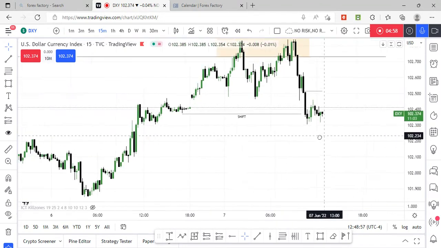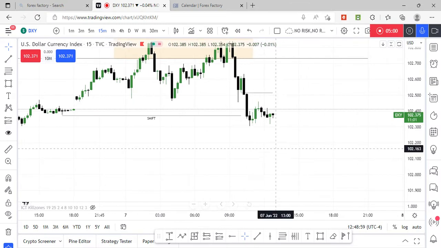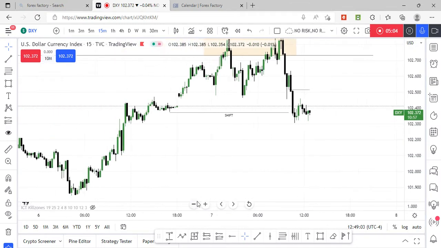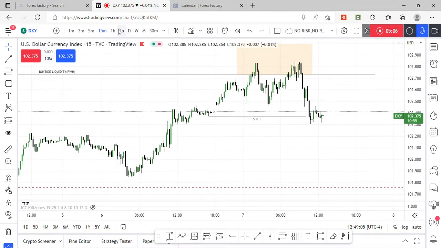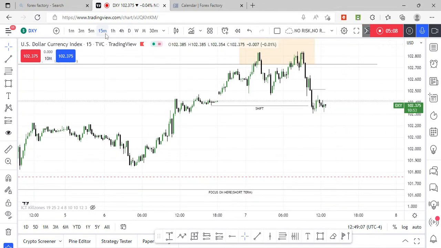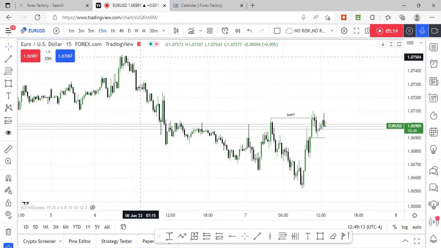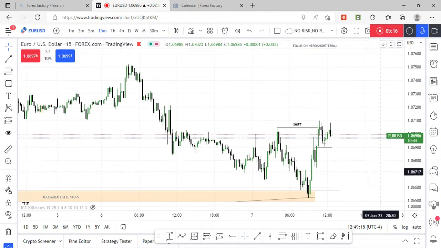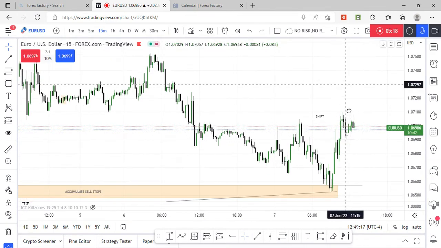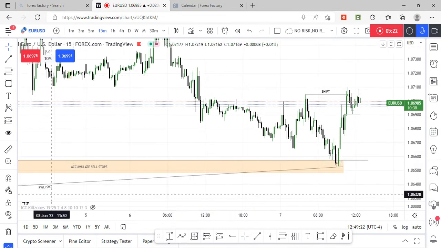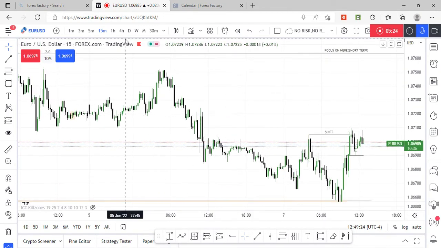Tomorrow's London session or New York, maybe we can expect a short on the DXY, that is the dollar index, and a buy on EUR/USD. Anything may happen, we'll see.